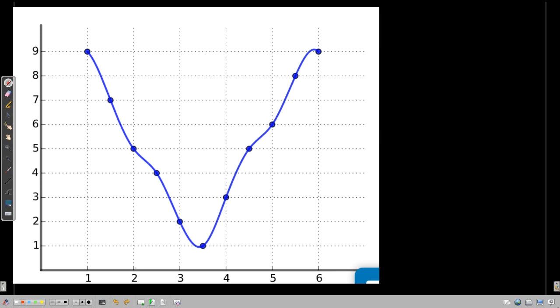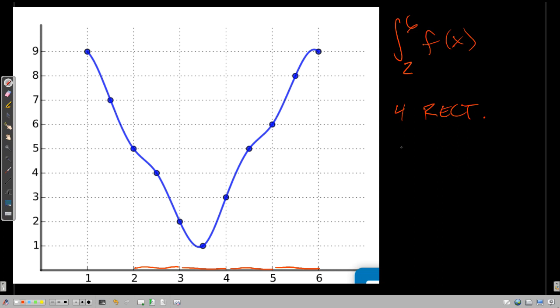So this would be the base of the first one, and this would be the base of the second one, and this is the base of the third rectangle, and this is the base of the fourth rectangle. They wanted me to do it with 4 rectangles.